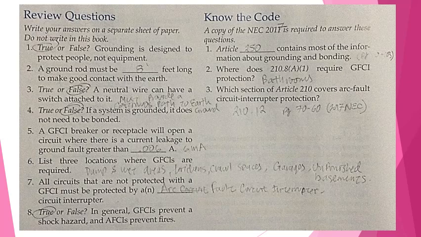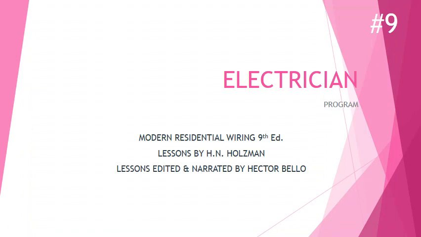Number 3, which section of Article 210 covers arc fault circuit interrupter protection? That is 210.12, page 70-60, 2017 NEC. And that wraps up this chapter, Chapter 9, Grounding and Bonding.